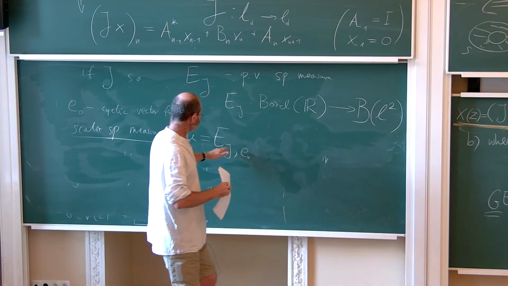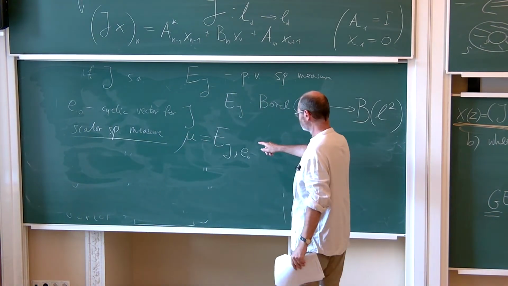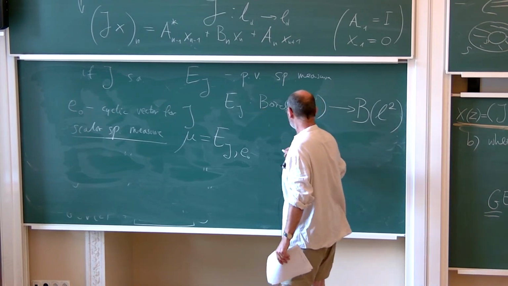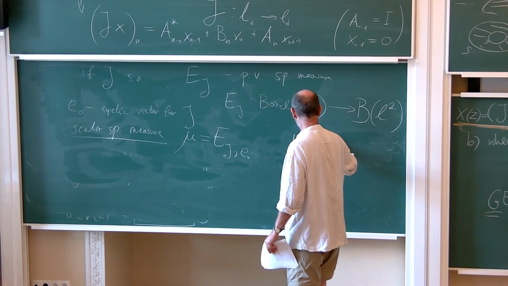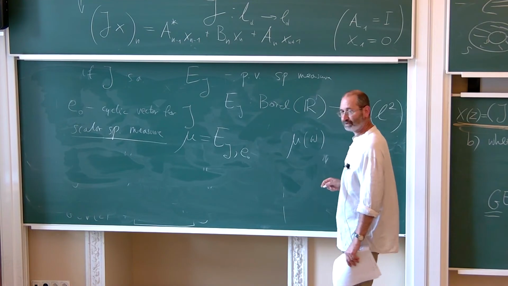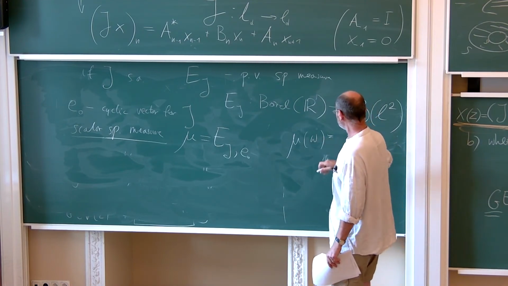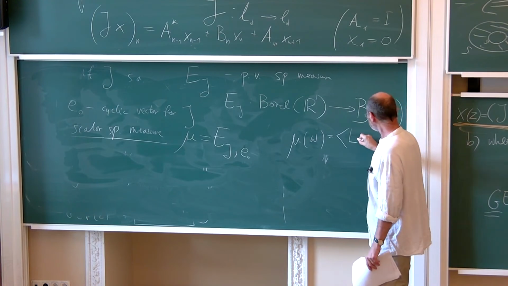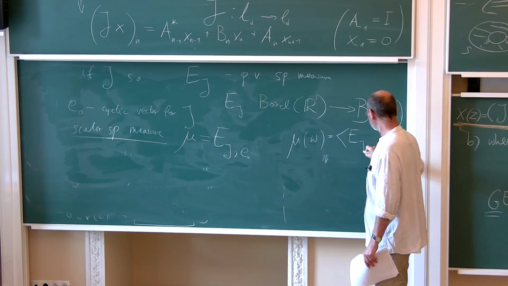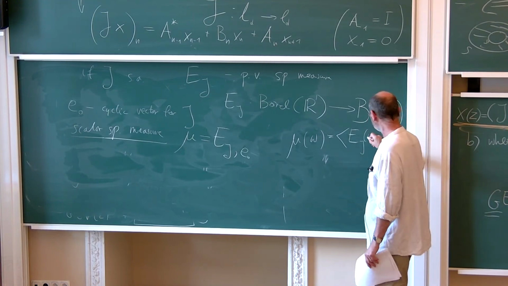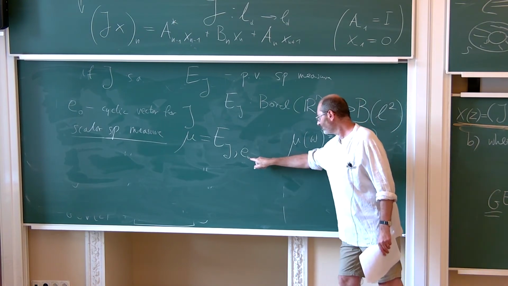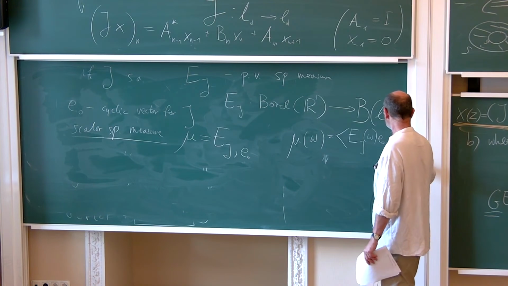Let me explain again this notion. What is mu of omega, when omega is a Borel set? By the definition, we take the projection A_J of omega, and then we apply this on A0 two times.